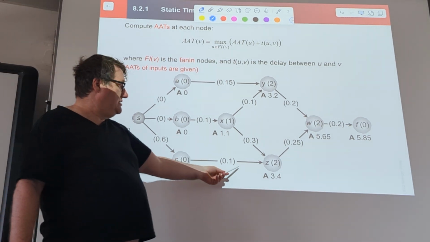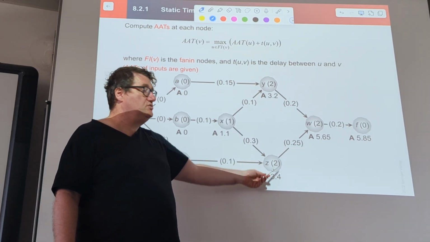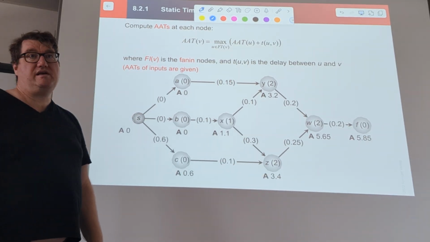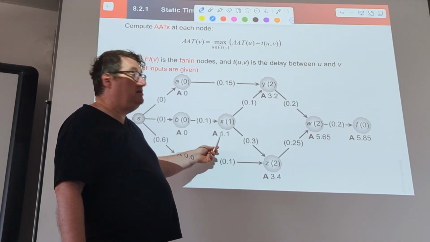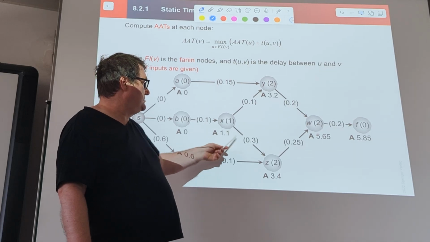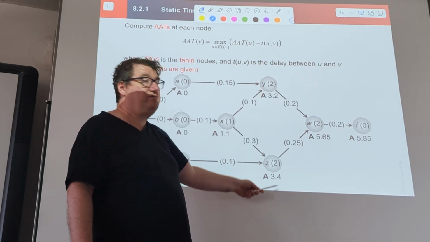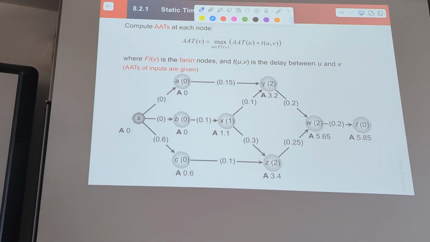We add 100, so that's 700 plus 2 will be 2.7 nanoseconds here for that gate. But here we arrive much later, 1.1 plus 0.3 is 1.4 plus the 2 is 3.4 nanoseconds for that node.